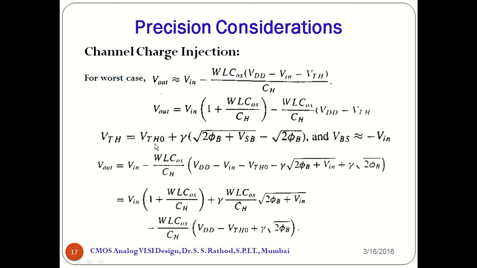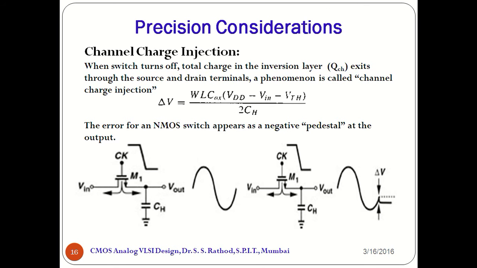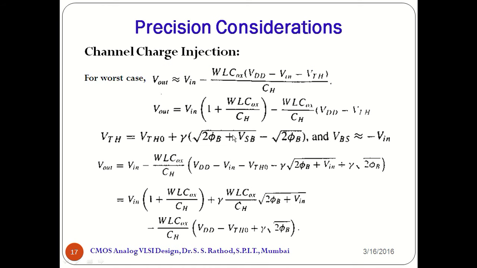So the VTH equation is known to us, that is VTH is equal to VTH0 plus gamma into bracket square root of (2 phi b plus VSB) minus square root of 2 phi b. And in this network, VSB is nothing but the input voltage.